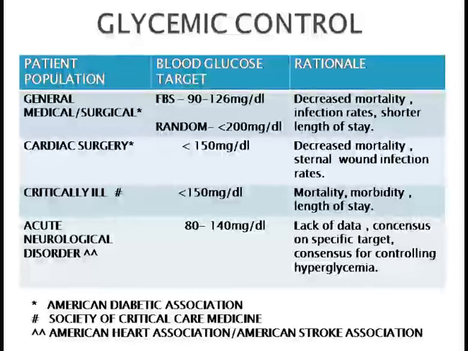For cardiac surgery, a very tight control of less than 150 needs to be maintained. For the critically ill, again a tight control of less than 150. And for acute neurological disorder, 80 to 150 milligrams, such tight control needs to be maintained.